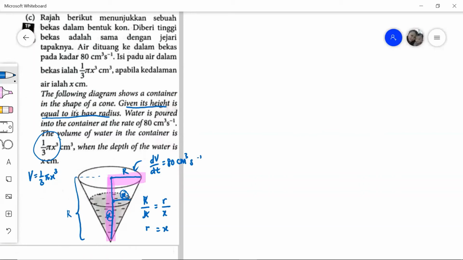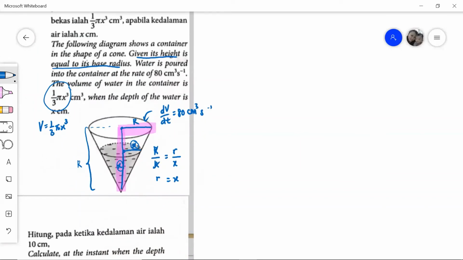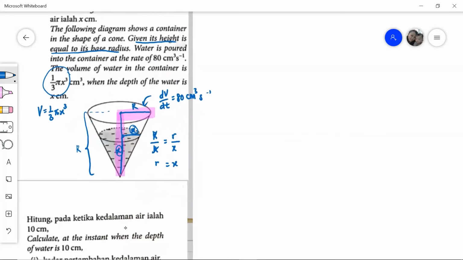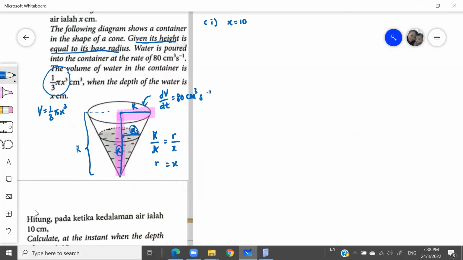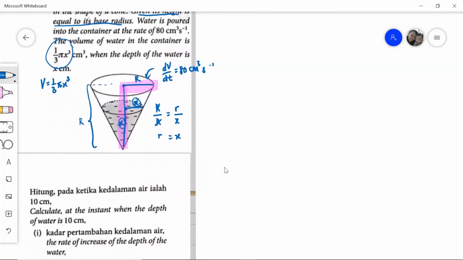Okay, now once we get that cleared, we have to calculate at the instant when the depth of water is 10 cm. That means when x equals 10, this is part C, part 1, we have to find the rate of increase of the depth of the water.